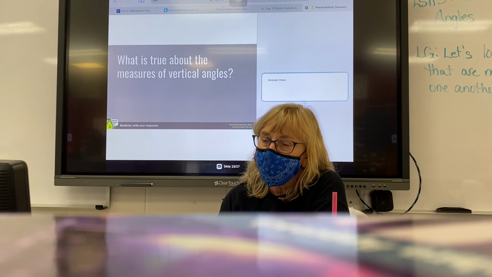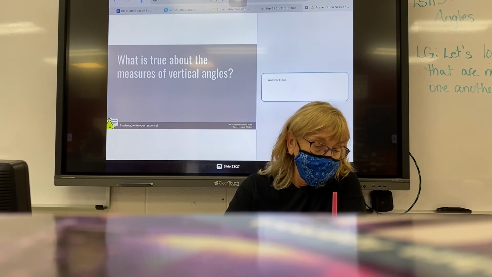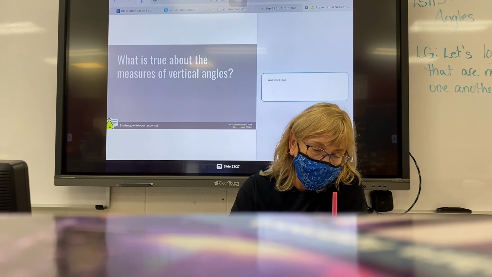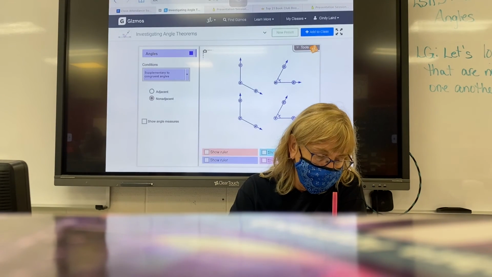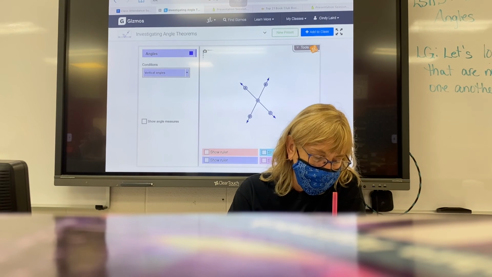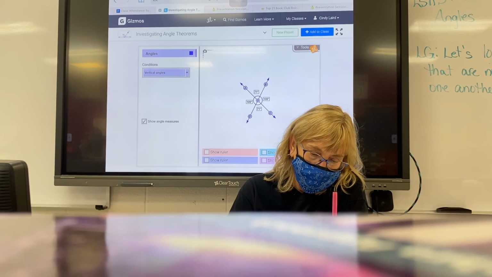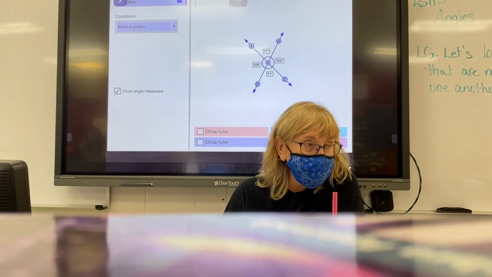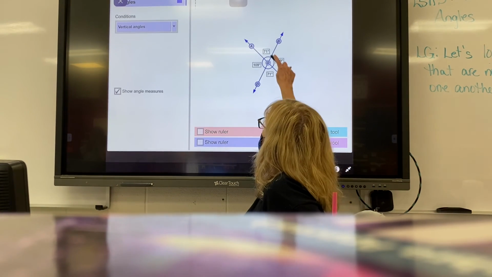Vertical angles do not equal 180. If I go back and look at this, do my vertical angles equal 180?